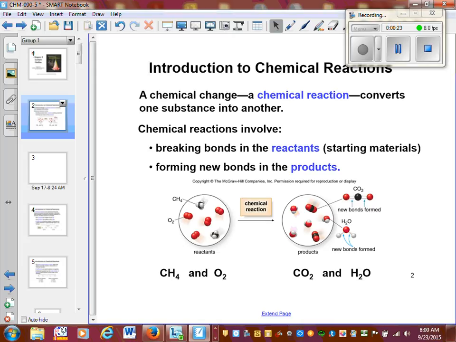Tell me how you know if a chemical reaction is occurring. What? Heat. Gives off heat. What else? Can't hear you. Smell. Gives off an odor. Possibly, yes. Anything else? Well, you can see it.